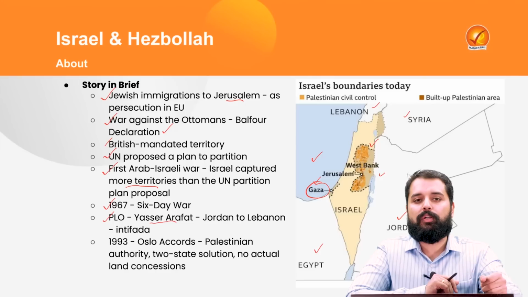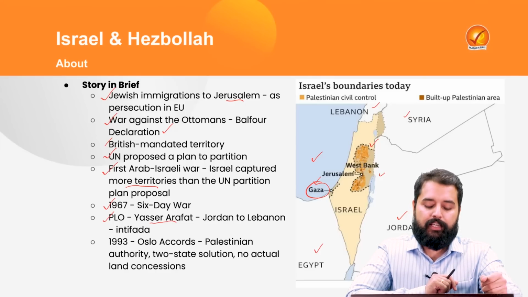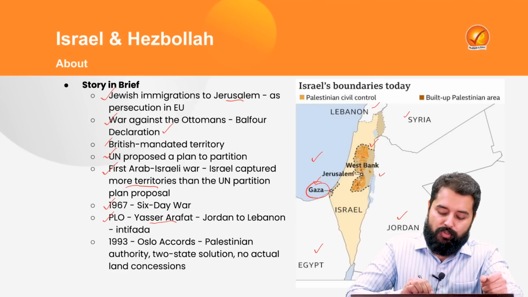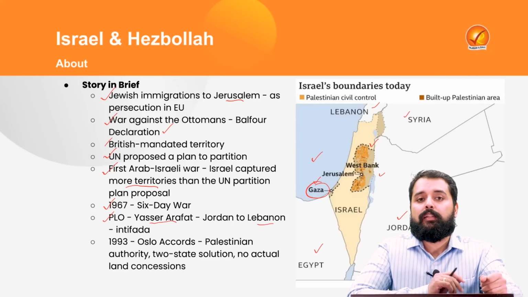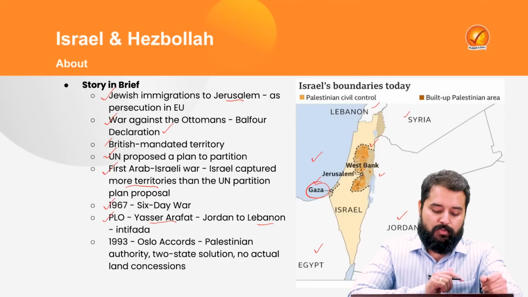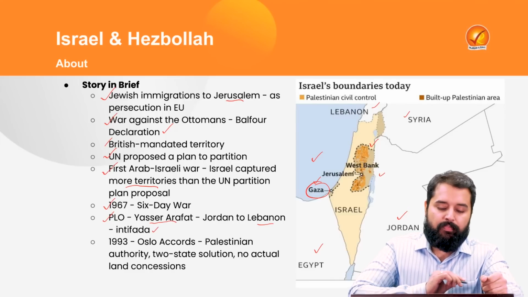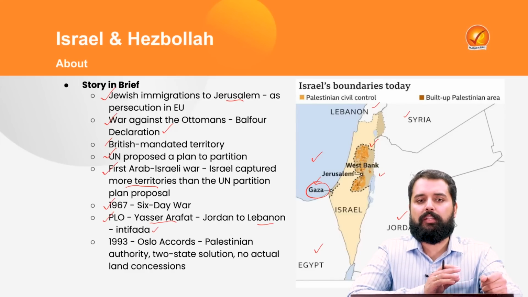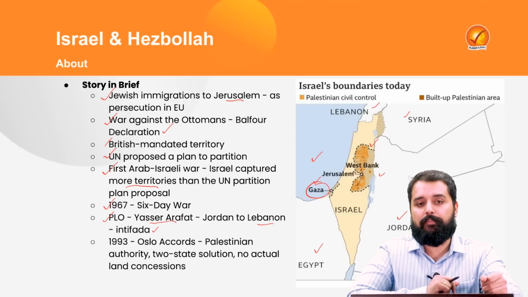But the King of Jordan prosecuted the Palestinian Liberation Organization activists, and they fled from Jordan to Lebanon. Now, Israel invaded Lebanon in 1978 and 1982 and chased them from there also, and Yasser Arafat called for intifada. Intifada means uprising against Israel.